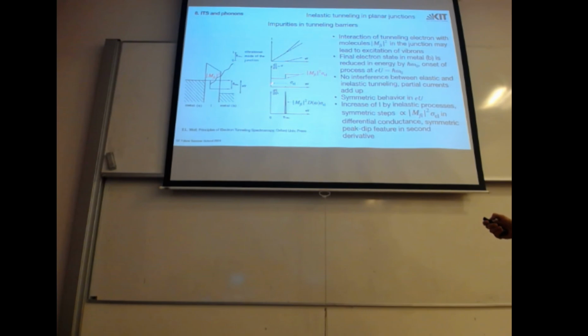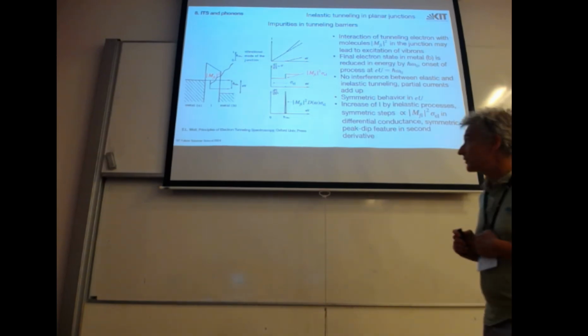And you can go one step further. You can take the second derivative of the tunneling current. So this step up will make a delta function exactly at the phonon energy. And the height of the delta function is given by this matrix element and the density of these phonons. So this is a simple approximation for this.